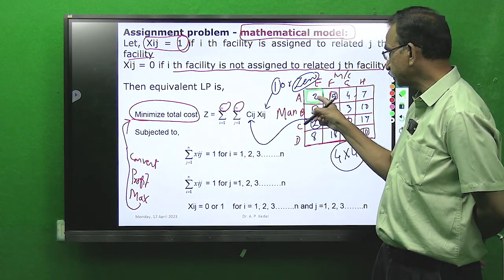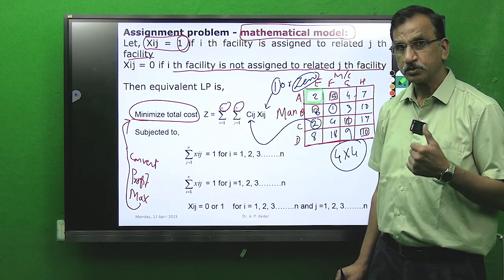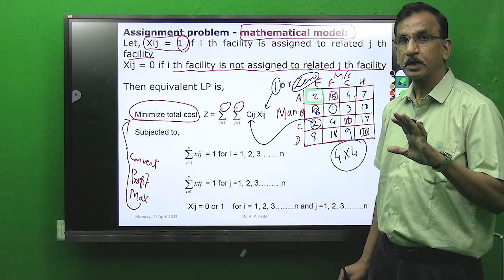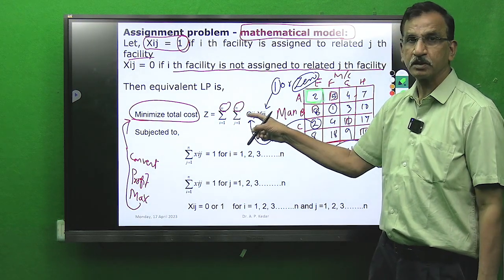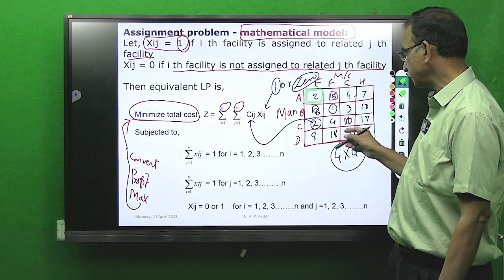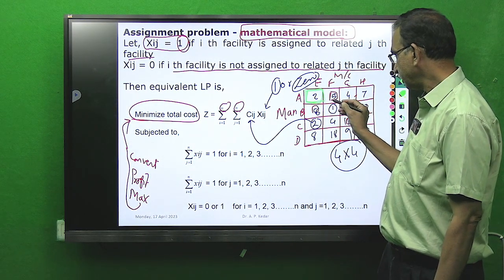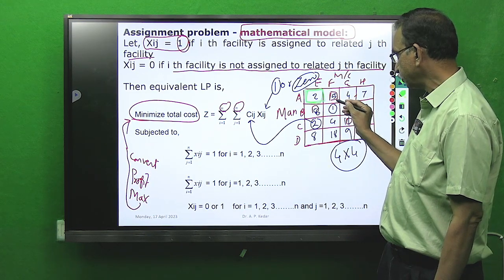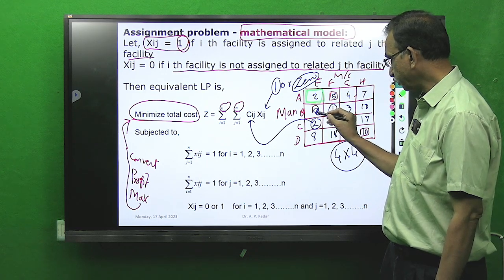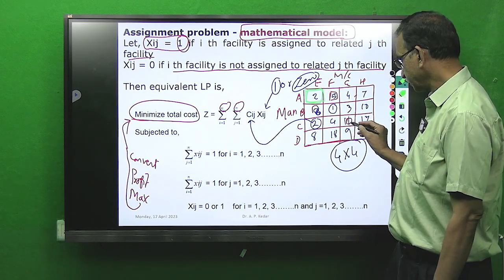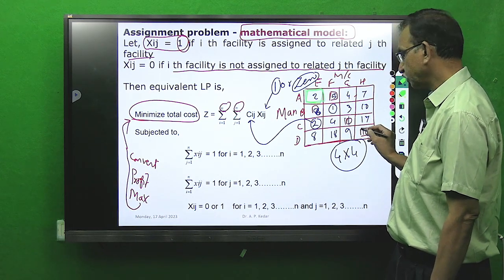So you will be multiplying these values either with 1 or 0, and we are adding the summation over rows and columns, therefore the sign is a double summation. Suppose I get this marked assignment like this. Here the cost will be 5 plus 8 plus 13, 13 plus 11, 24, 34.